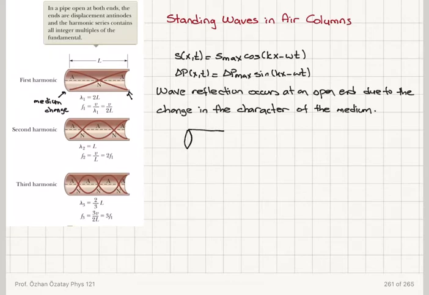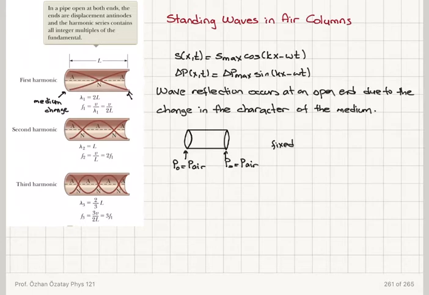So if I have an air column with both ends open, so if this is a cylindrical column, let's say, and I have both ends open, then the pressure at these two points is air pressure, because they're connected to the outside.